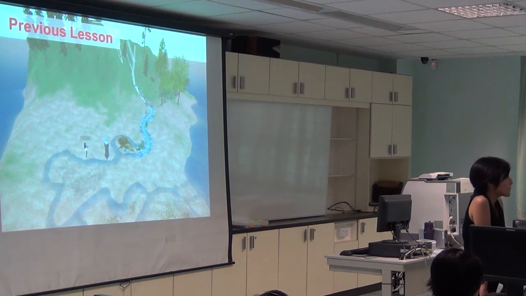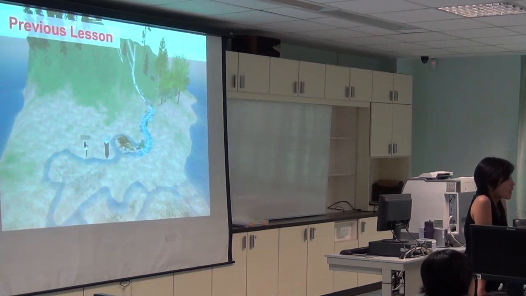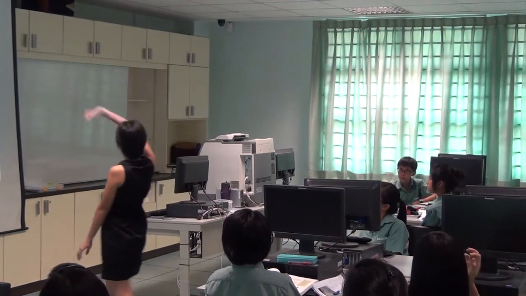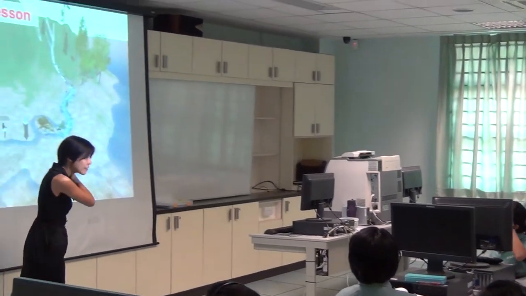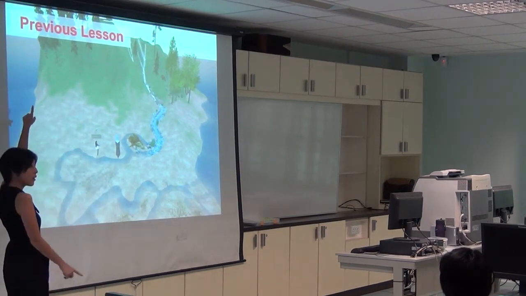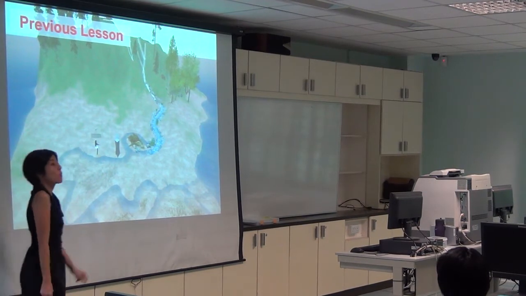Why is it fast flowing? Higher meaning what? There's more gravity, so you're talking about higher up. Highland, right? So because it's highland, what do you realize about the gradient of the land, Gerald? Steep. Thank you so much.